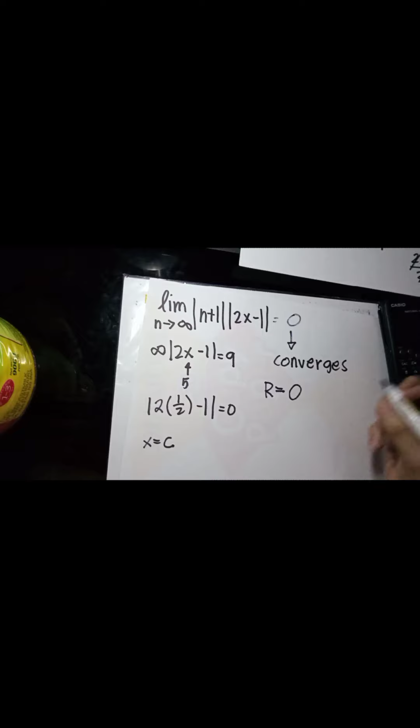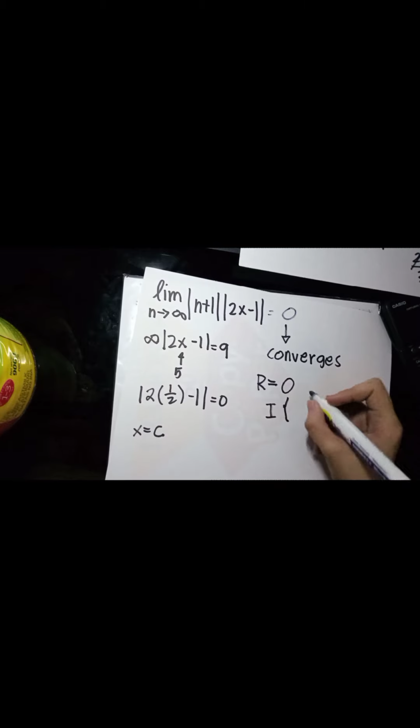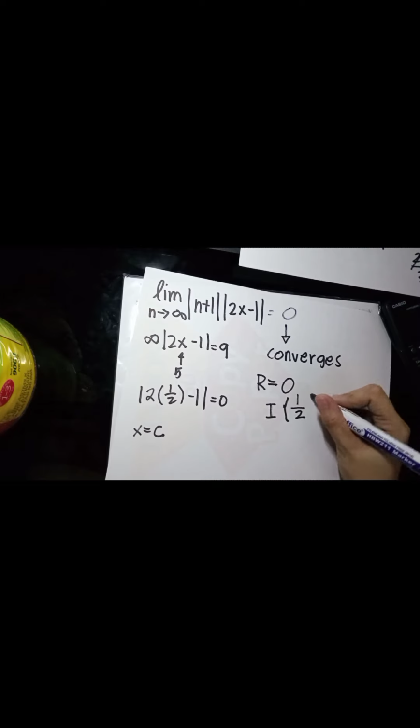So the interval of convergence is x equals c, which is 1/2. So it depends on where the power series is centered.